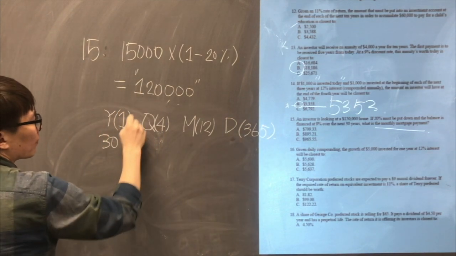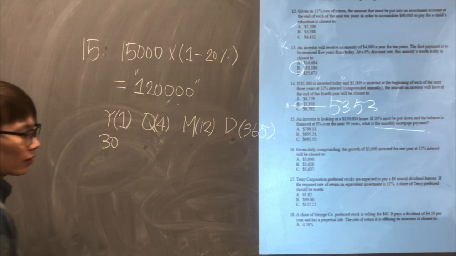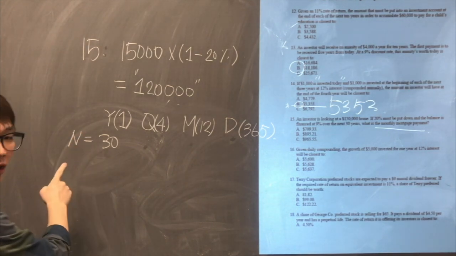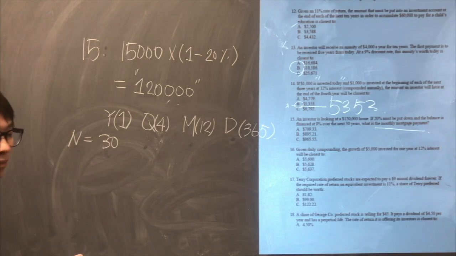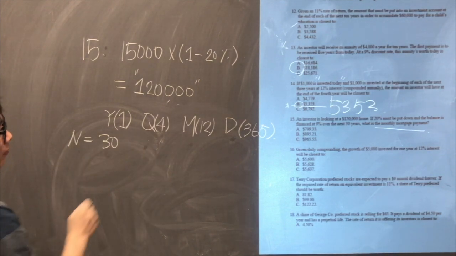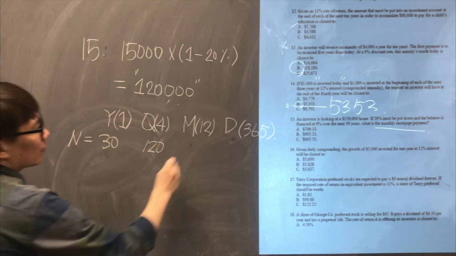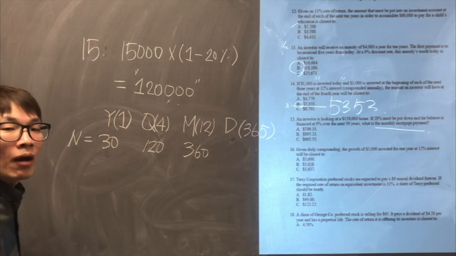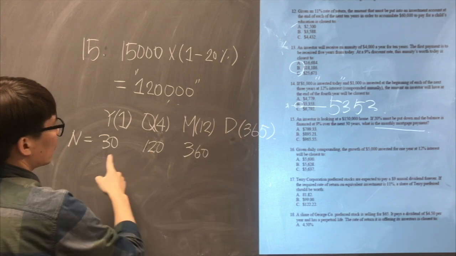This is 1. So 1 multiplied by 30 will be what? 30. So your n, number of years or number of payments in this case. Number of payments, 30 payments. Quarterly, 120. Monthly payments, 360. This is about the number of payments. Okay? 365 multiplied by 30.